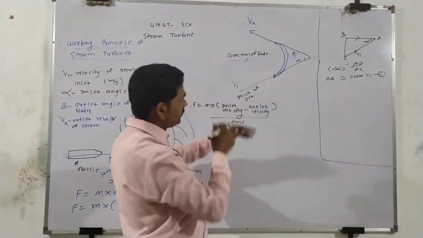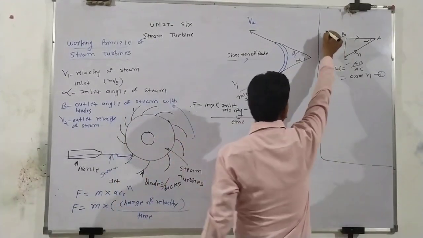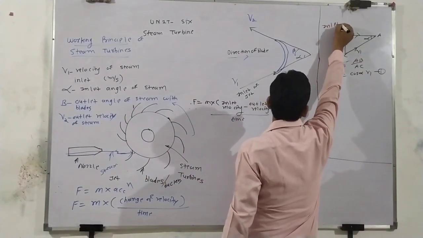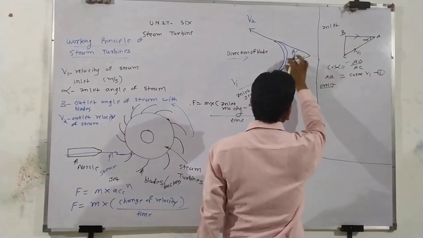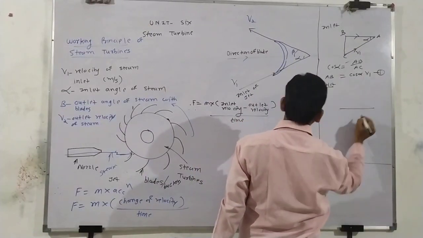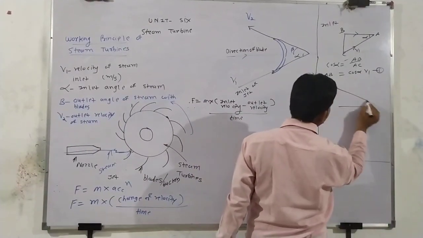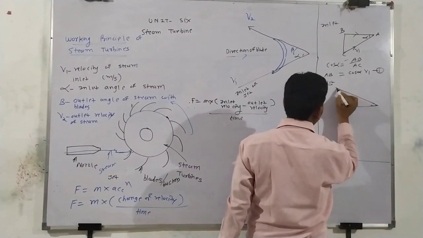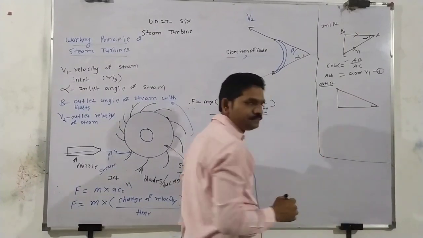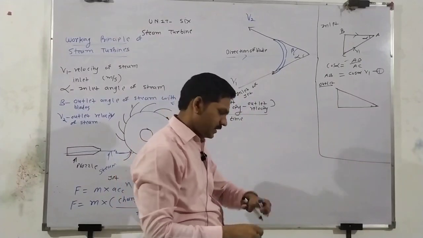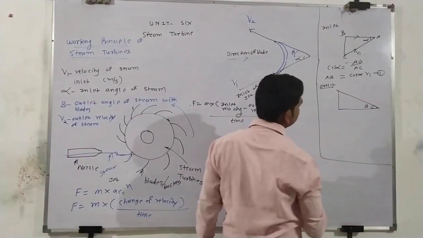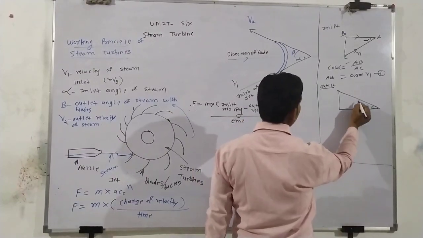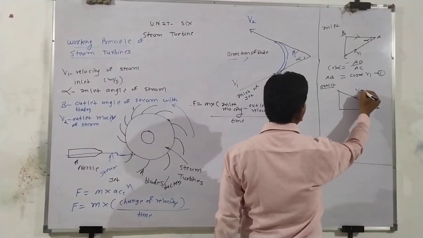Now we consider the outlet situation. This was for inlet; now for outlet, we draw the triangle in this way. Do you get it? So this angle is the beta angle. Here, this is which velocity? V2.